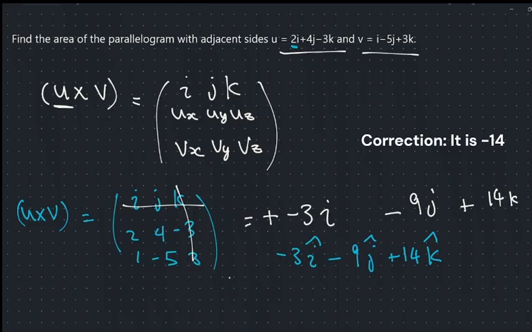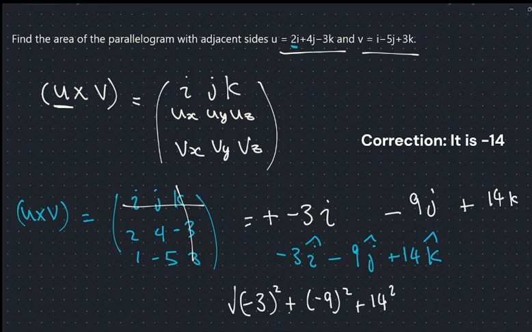How do we do it? It's not very hard. It's going to be the square root of the first value, so -3 squared plus -9 squared plus 14 squared. And this is going to be equal to some value. Let me check it.